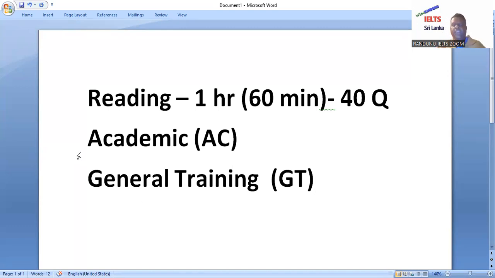In reading, general training and academic, there are some differences. In both cases, you will get 40 questions and 60 minutes timing for 40 questions.